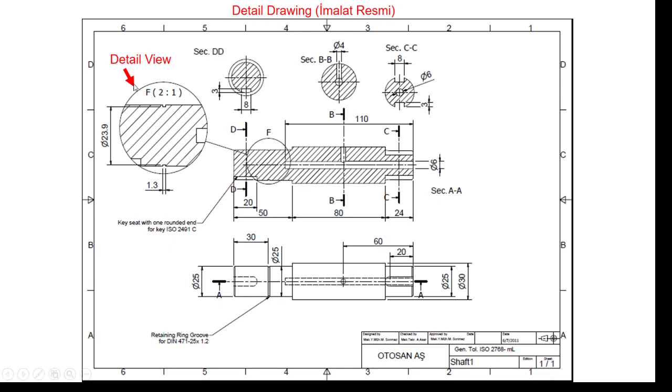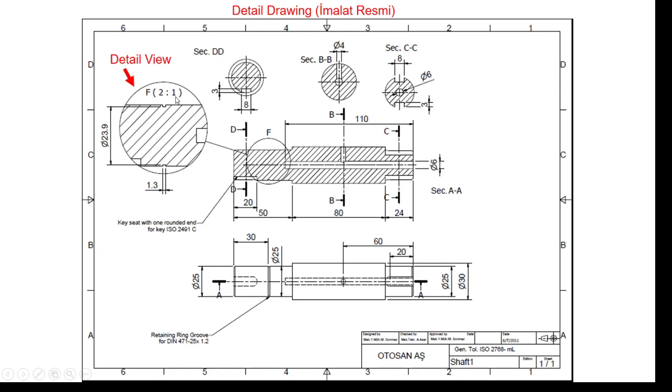Well, here is the created zoomed projection. It shows only the part of the object where we have tiny portions. It is called detail view, okay?